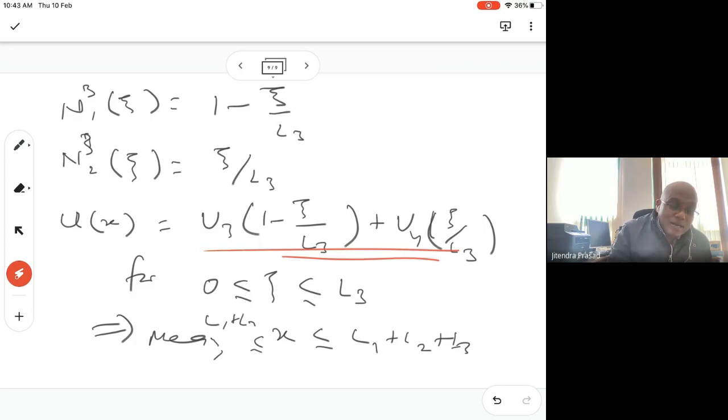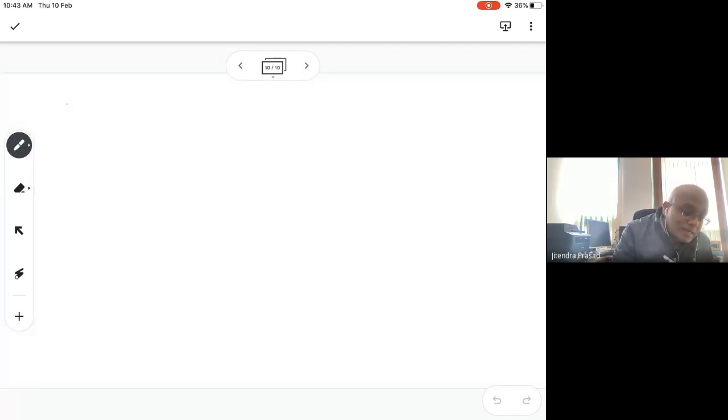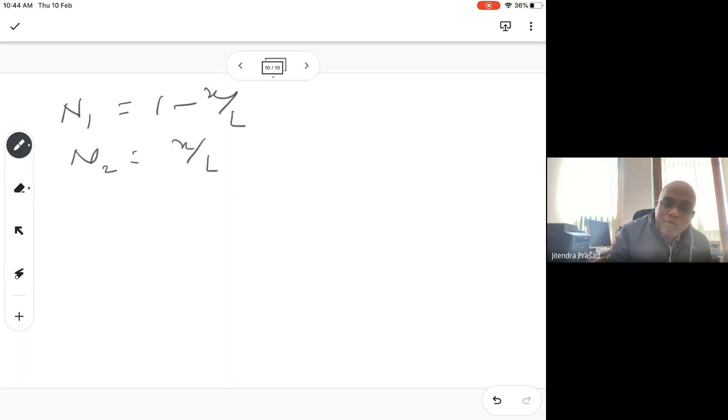So finally, what I mean to say is that universally you can say N1 is equal to 1 minus x over L, N2 is equal to x over L, and you can formulate the problem. You don't have to go individually and find the stiffness matrix.